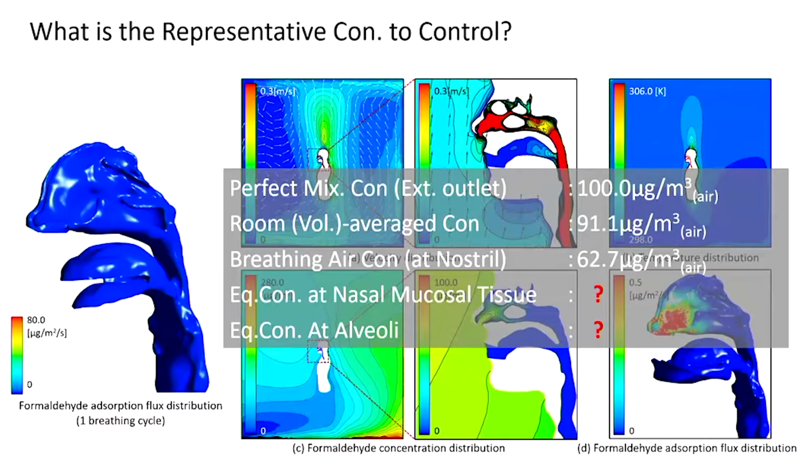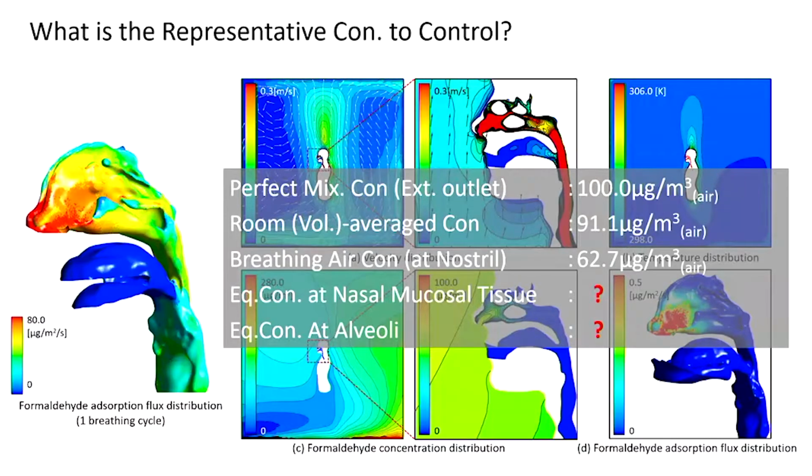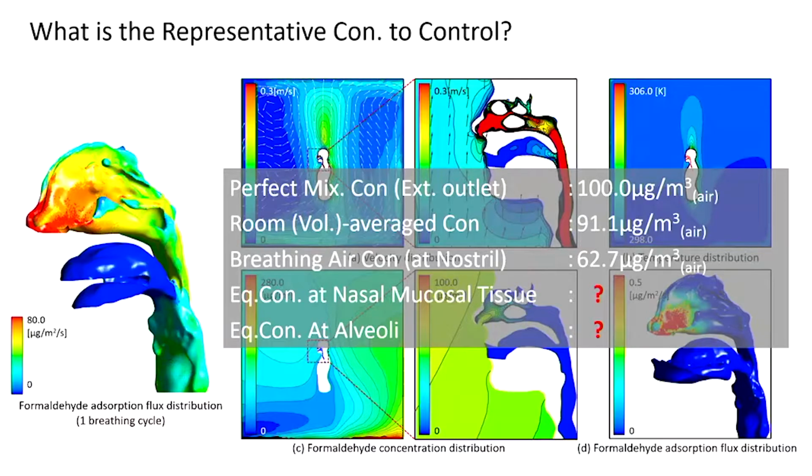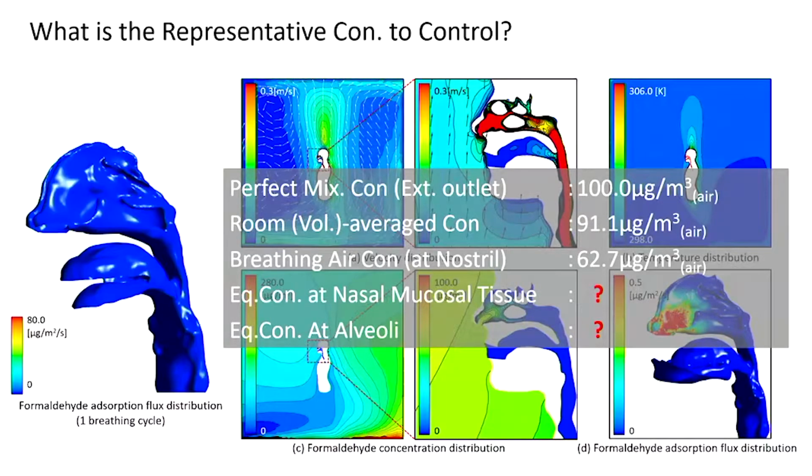And I would like to conclude here, of course, in the design of indoor environment, we must pay attention to the perfect mixing concentration. It's a very simple and representative concentration, but we must carefully analyze the inhaled air concentration to discuss the exact exposure situations.